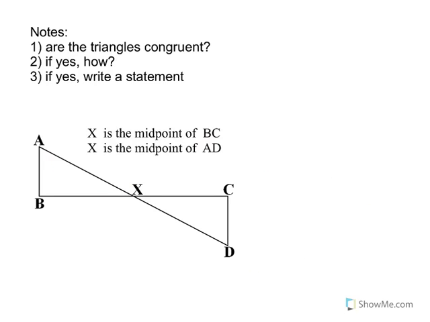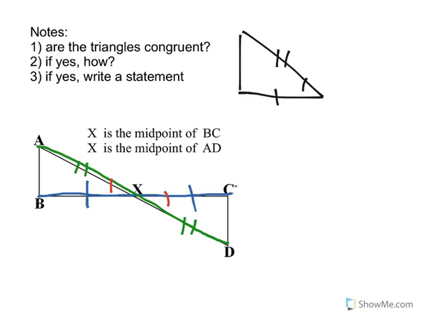Now our last one. Are the triangles congruent? All those same questions. So I now know that X is the midpoint of BC. That means it splits that into two congruent parts, so that has to be the same. And X is also the midpoint of AD. So that gets split into two congruent parts. And we also have a set of vertical angles.